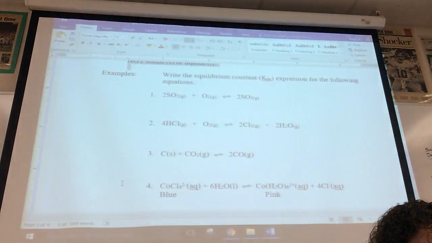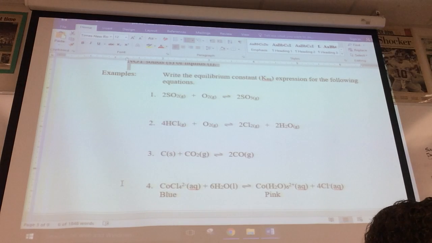I know, because you guys don't have your notes, silly gooses. 2 would be correct. What's the other product? 1, and it's a gas raised to what coefficient? 2, I'll flip the screen in a sec. What goes on the bottom? Reactants. So you've got hydrogen chloride gas raised to the 4th because of the coefficient of 4, and oxygen. And it would look as such.